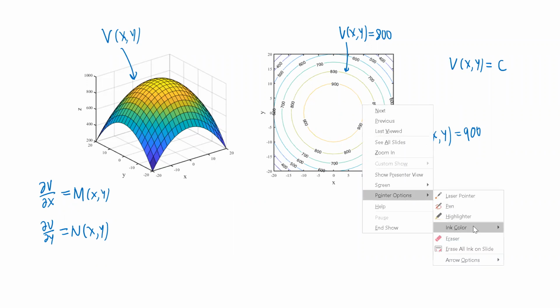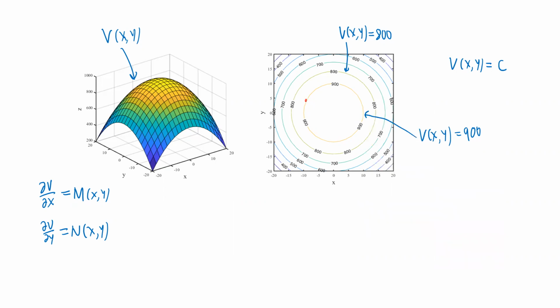Let's say initially I'm at this point, and then I move x and y a little bit, such that I move to this point, still on the same contour line.